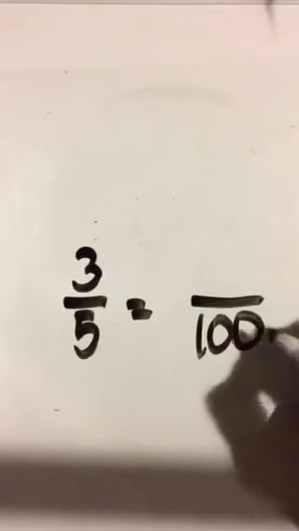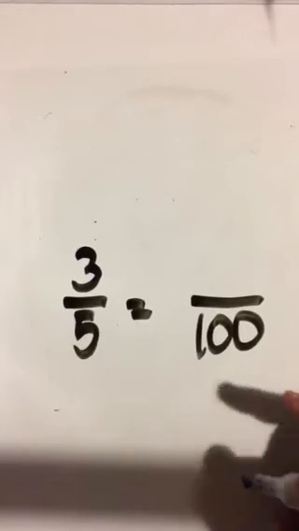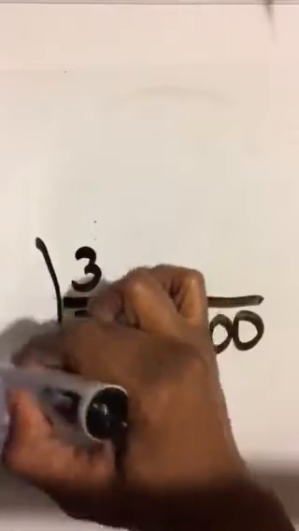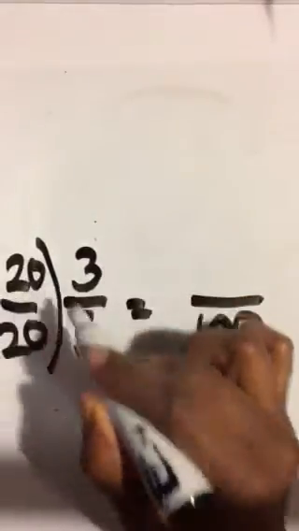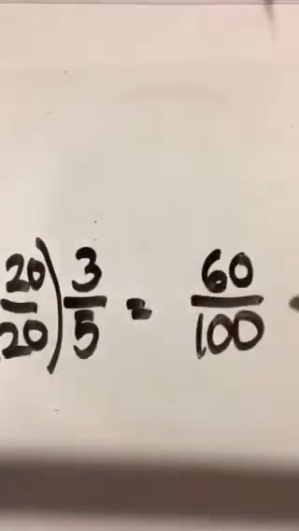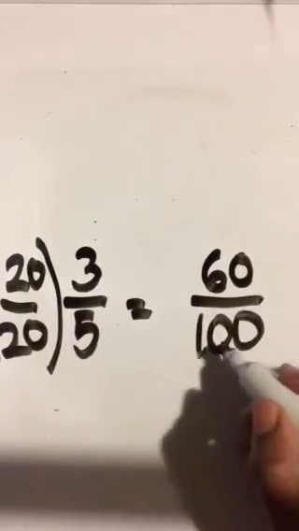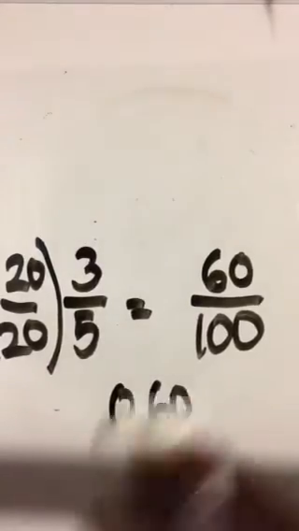Set it equal to 100 because 5 is a factor of 100. 5 goes into 100 20 times. Whatever I do to the denominator, I have to do to the numerator. 20 times 3 is 60. 3/5 is equivalent to 60 hundredths. Say the fraction, write the decimal, 60 hundredths.